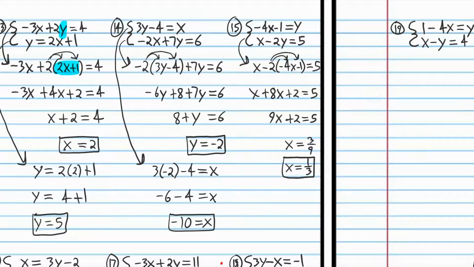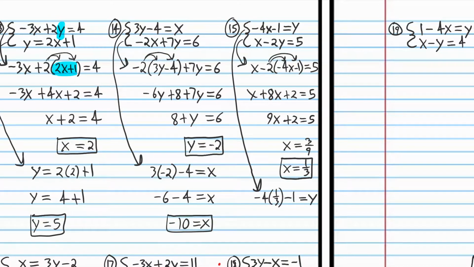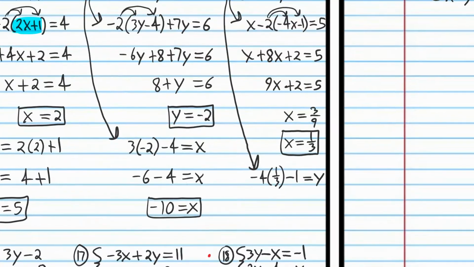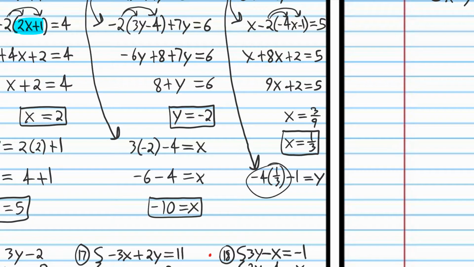All right, so now we're going to take the other equation where y is solved for, and we're going to plug in the x value, which we just figured out is 1/3. Now, negative 4 times 1/3, I'm not going to show that again and again. Obviously, it's just going to be negative 4/3. Again, you just take the whole number, multiply it into the numerator.